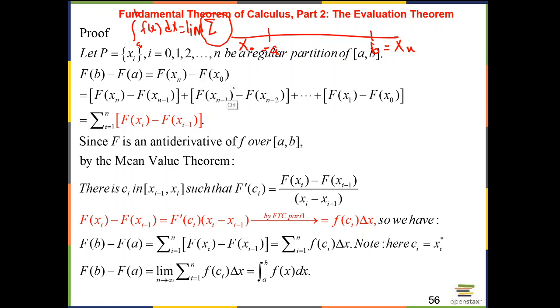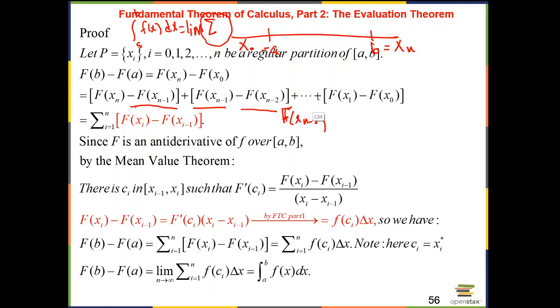So what do we need in algebra? If we need something, we add it and subtract it. So what do we do in order to get this? We subtract f of x sub n minus 1, and we add f of x sub n minus 1. We subtract f of x sub n minus 2 and add f of x sub n minus 2.